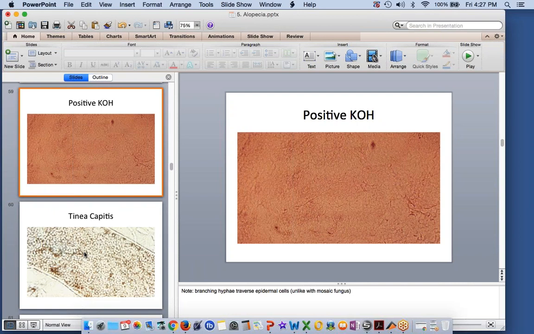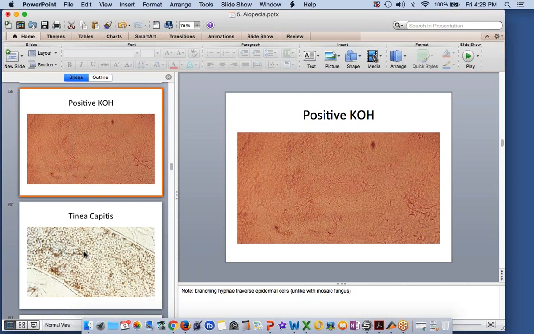Now, there are different types of hyphae, some along the outside of the hair shaft and some inside the hair shaft. The ones inside the hair shaft are called endothrix. The ones outside the shaft are called ectothrix.